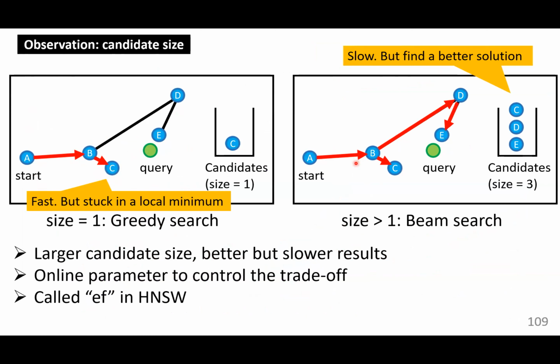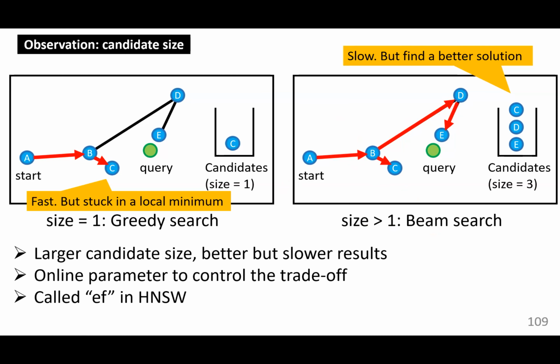If the size is more than 1, it's called beam search. Since we are considering two more candidates, we can move to this one and reach this one. This is slower, but finds a better solution. So a larger candidate size gives a better but slower result. And as I said, this is an online parameter, so you can control it by putting an integer here.